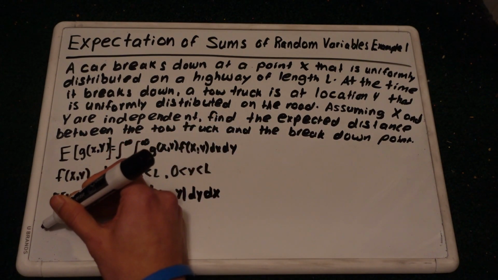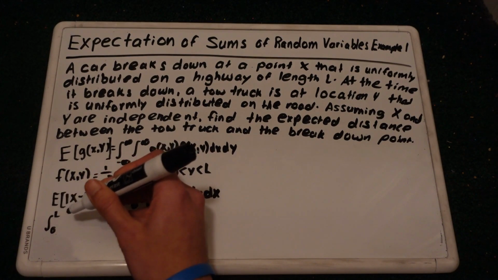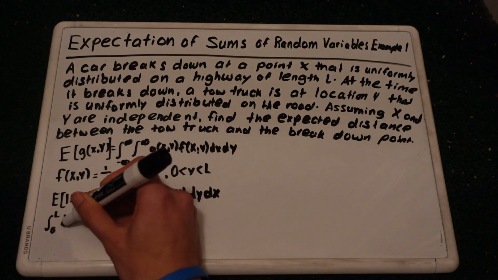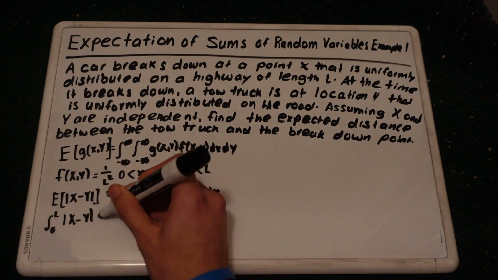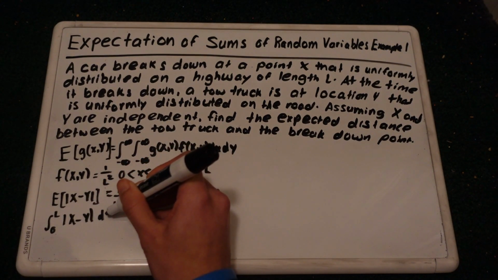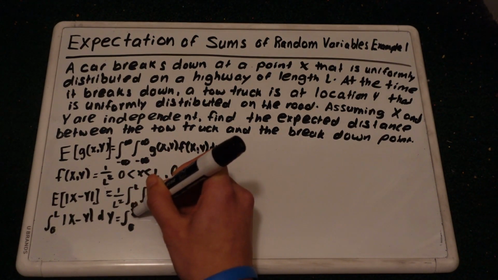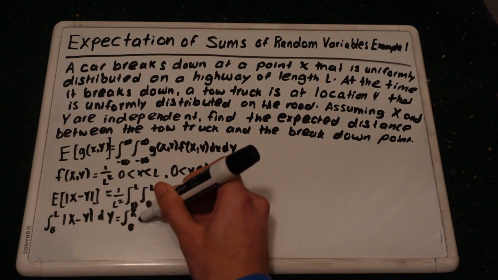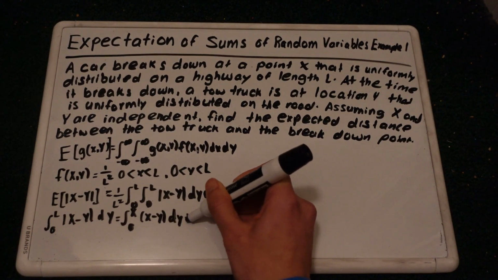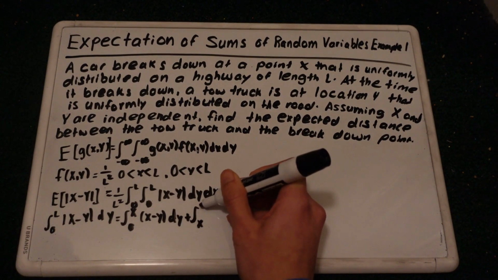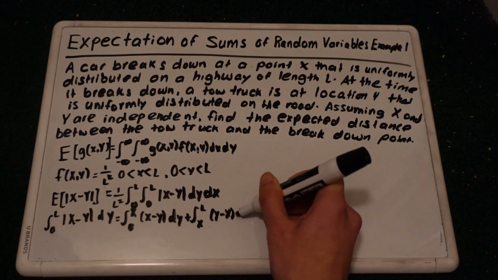Or in other words, we could write the integral from 0 to L of the absolute value of x minus y dy as the integral from 0 to x of x minus y dy plus the integral from x to L of y minus x dy.